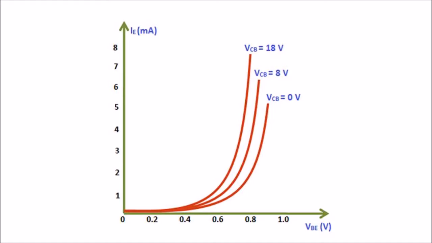A curve is then drawn between the input current IE and input voltage VBE at constant output voltage VCB as 0 volt.